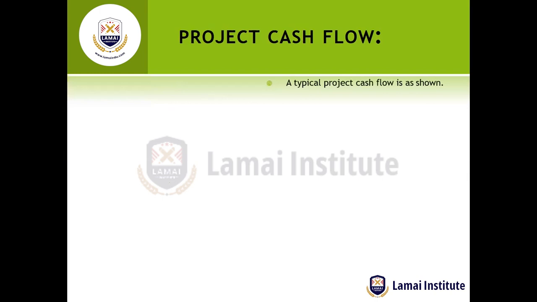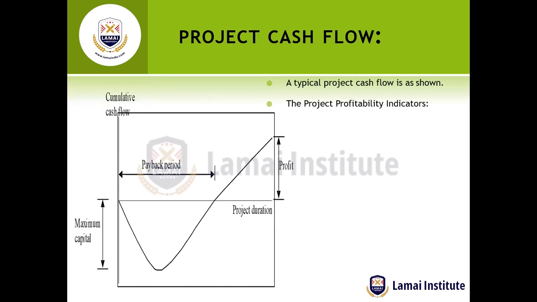And maybe before we look at the profitability indicators, let's look at what we call a typical cash flow project. What normally happens when you're considering to procure and implement a new project is that during the beginning of the project, cash flows dip because we do not have any revenues from the project apart from the investment.